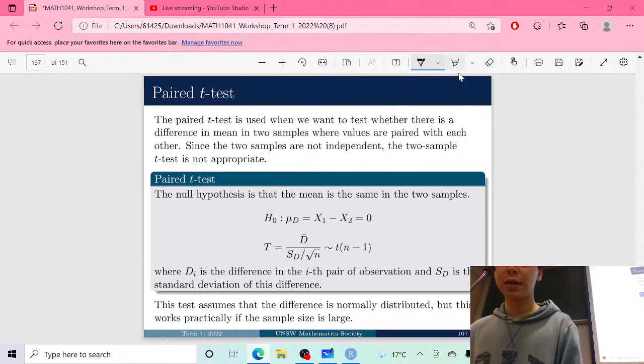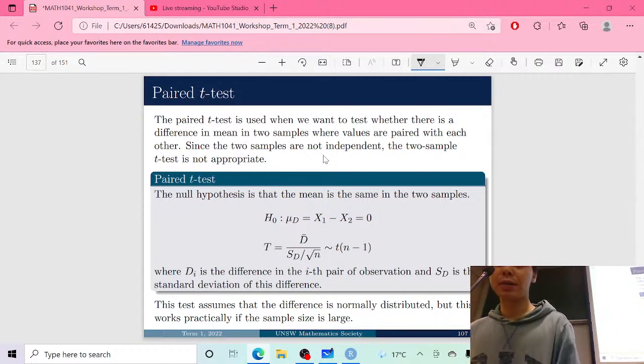For example, say that you had a sample from one team, and you ask what you think about this team before a match, and then what you think about this team after a match. You can see that the two samples are related to one another, and as a result, we have a paired t-test.